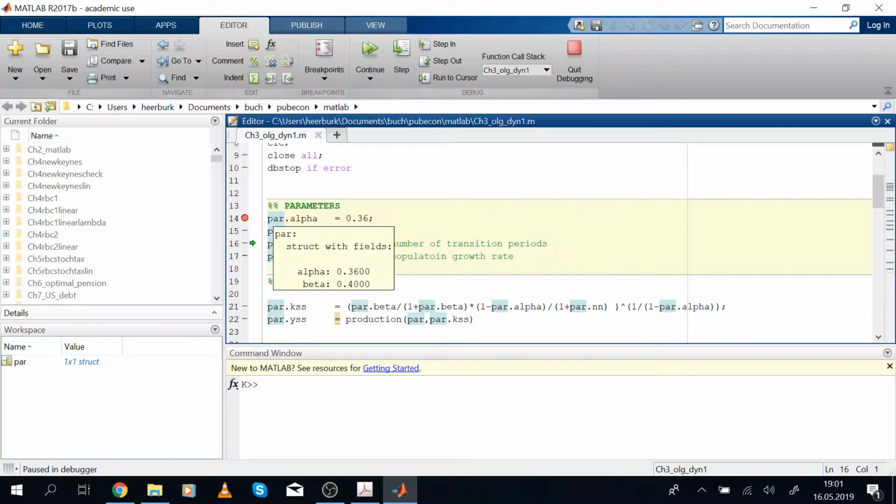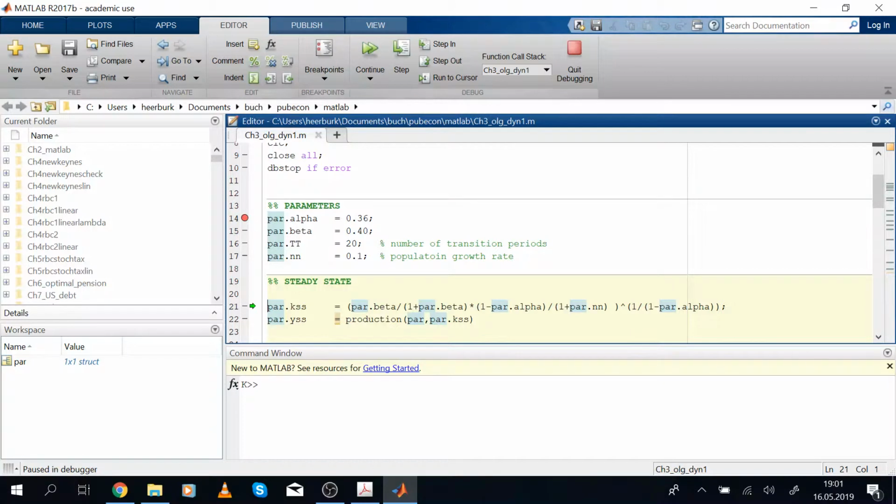This is a very convenient way to deal with global variables. Another one would be to define a global variable explicitly with the command global, and you will encounter this kind of programming in chapter 6 on pensions. Now let's step on.